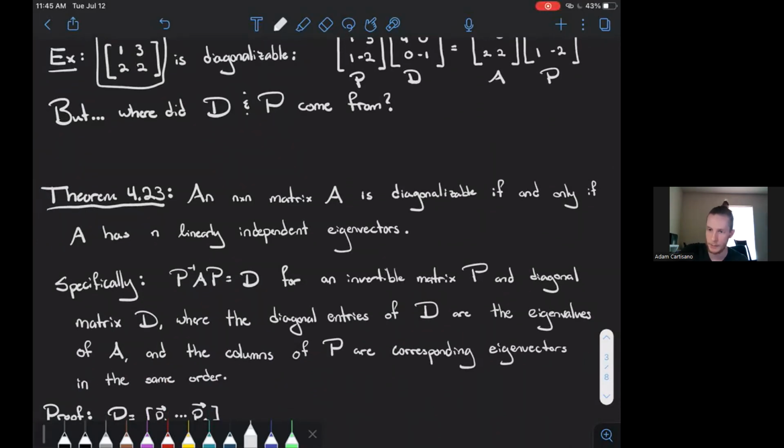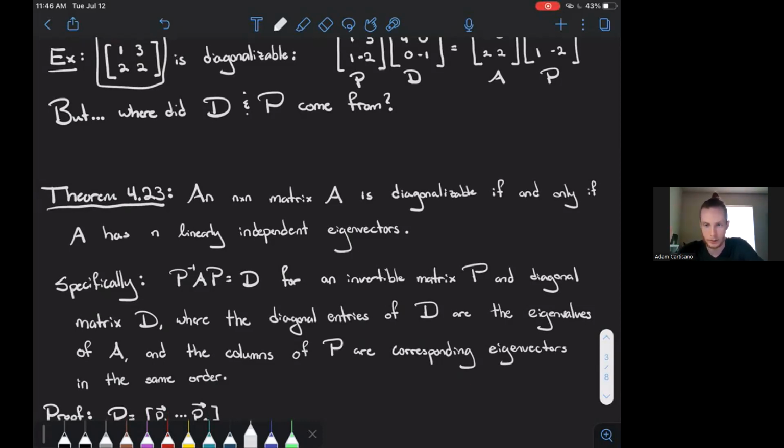An n by n matrix is diagonalizable if and only if it has n linearly independent eigenvectors. Okay, let's say what that means. Here's how you construct P and D. The diagonal entries of D are precisely the eigenvalues.